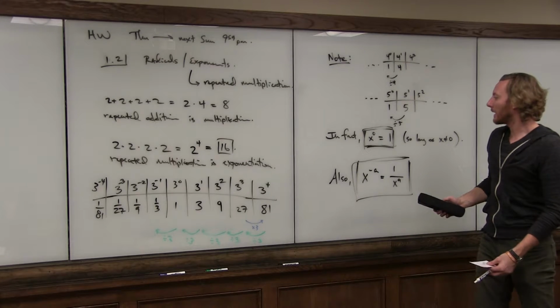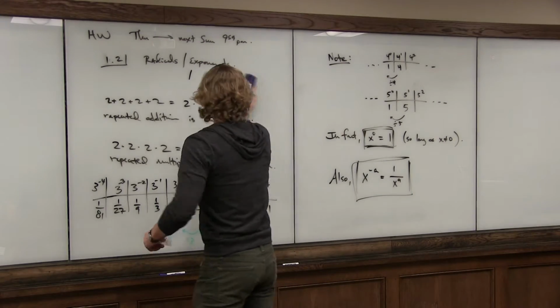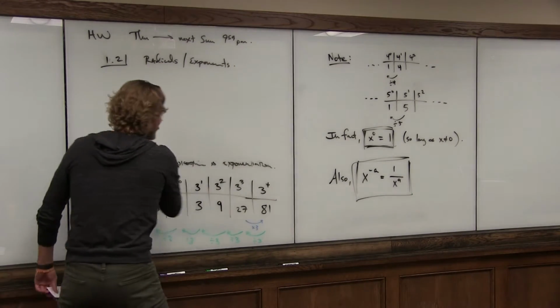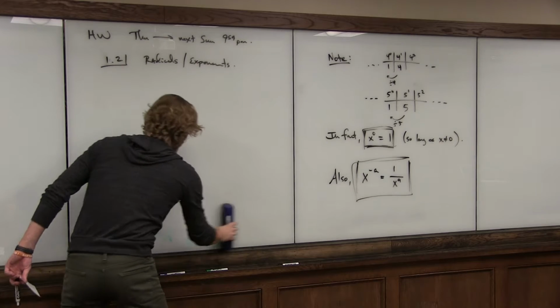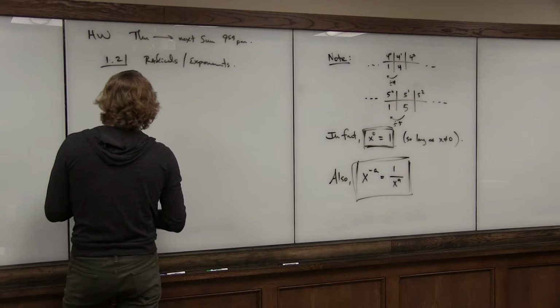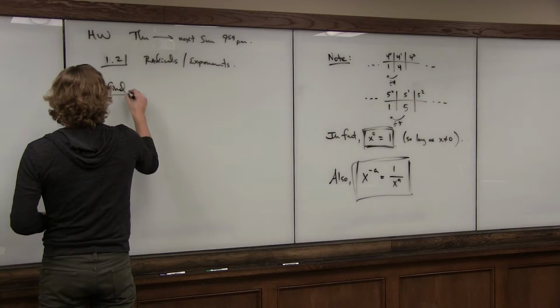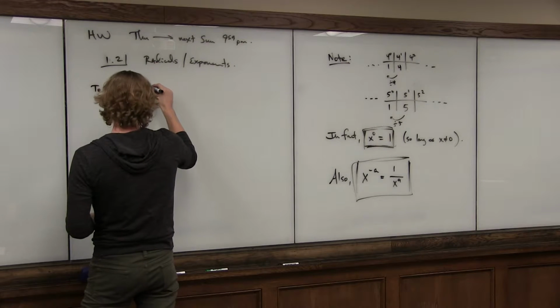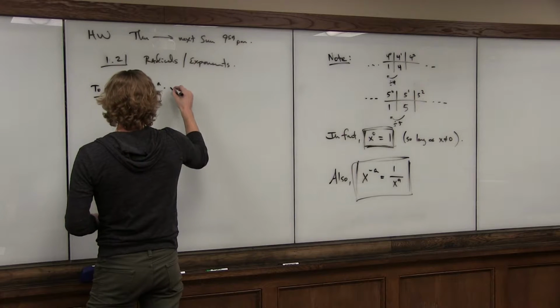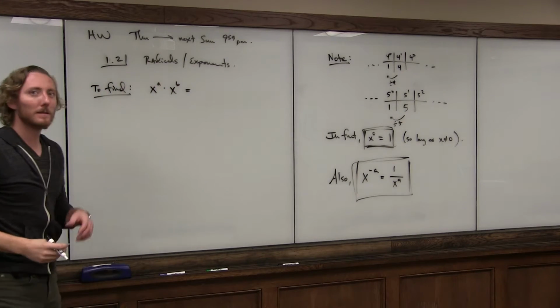All right, with this in mind, we can actually derive a few additional facts that can be of interest and of use to us. So let us try to find x to the a times x to the b.